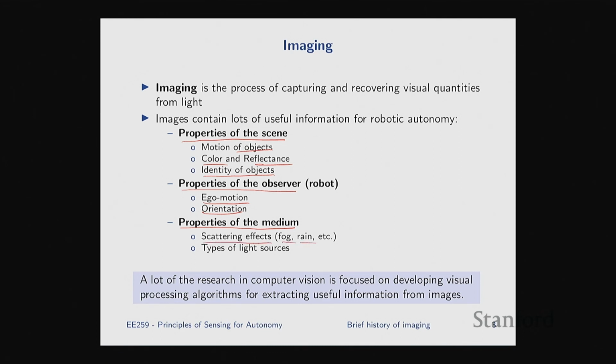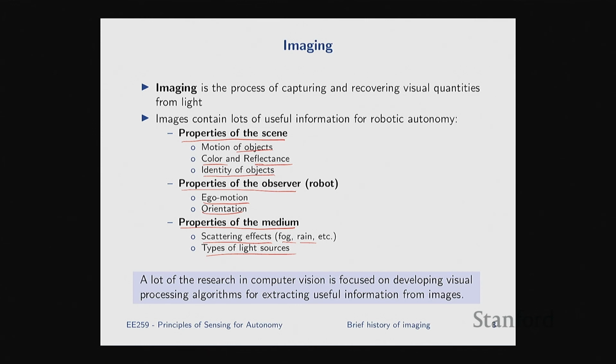As we know, fog, rain, and things like that immediately show in images, and we can get quite a bit of information about them beyond just the visual artifacts of the degradation in, say, contrast. You can actually extract physical quantities of the medium from images, or the types of light sources and things like that.